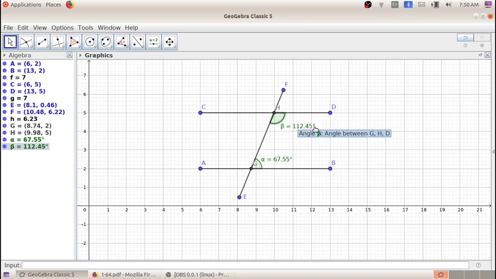And you notice one thing, if you add these two angles, 112.45 plus 67.55, you will get the sum as 180 degrees. So if you add the co-interior angles, you will get 180 degrees.